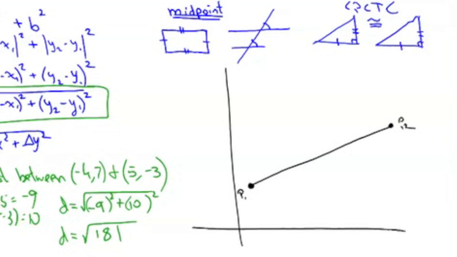Oh, before I do this, there was one other thing. If this is A and this is B, how do I find the coordinate of their midpoint? If A is 7 and B is 13, what's halfway between 7 and 13? How do you find out?